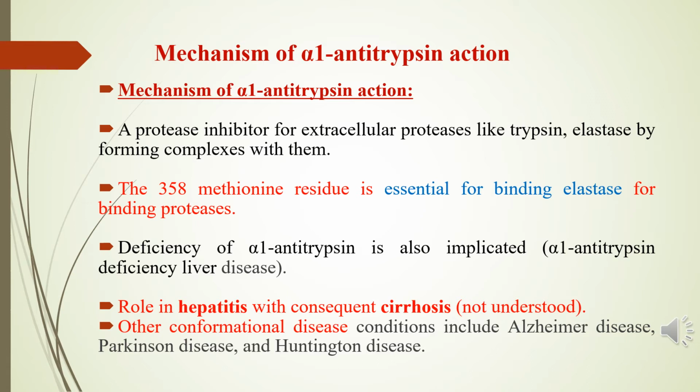In its structure, alpha-1 antitrypsin has a particular methionine residue at position 358 of the amino acid sequence of the protein, which is involved in binding to proteases. So methionine 358 is an essential residue for binding elastase.